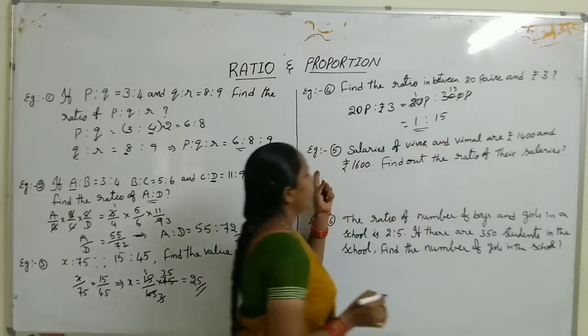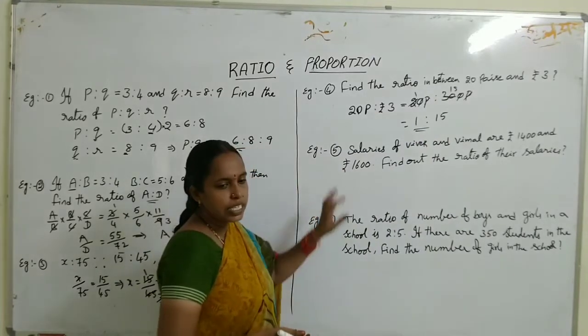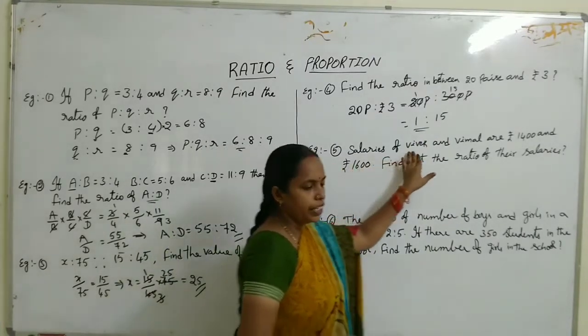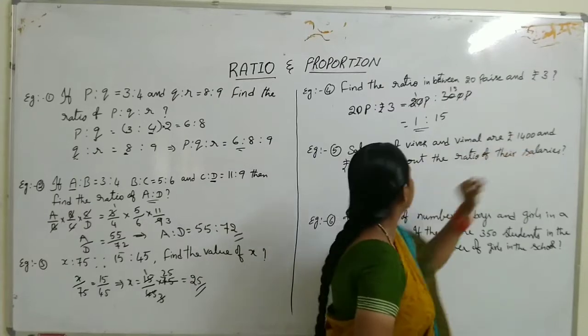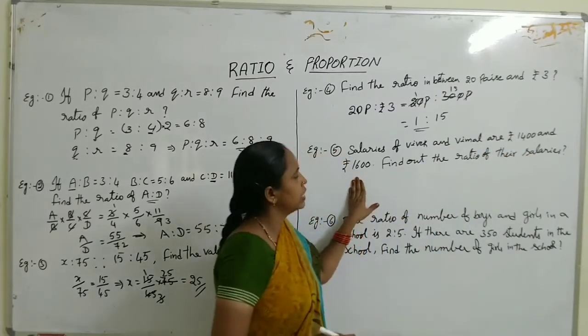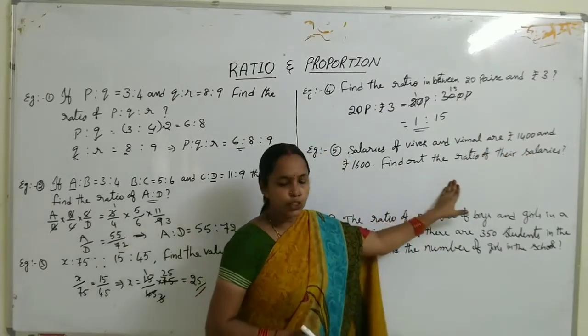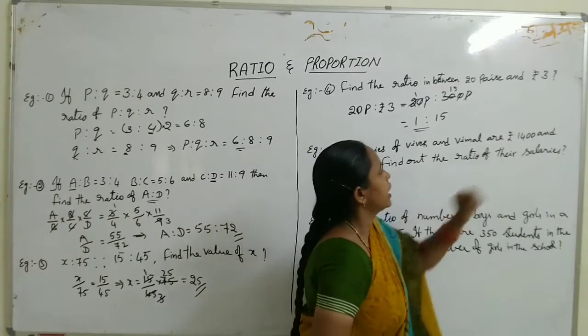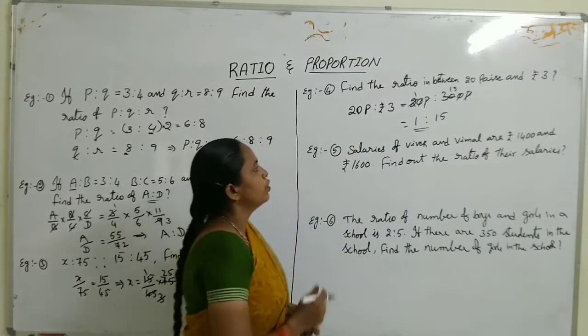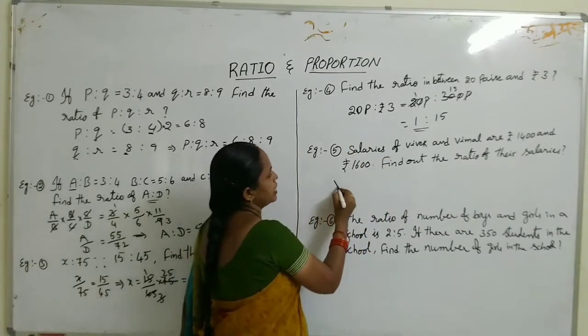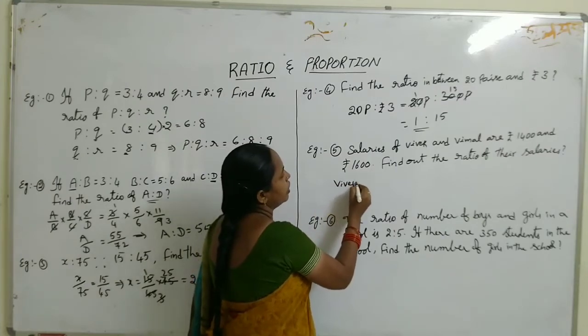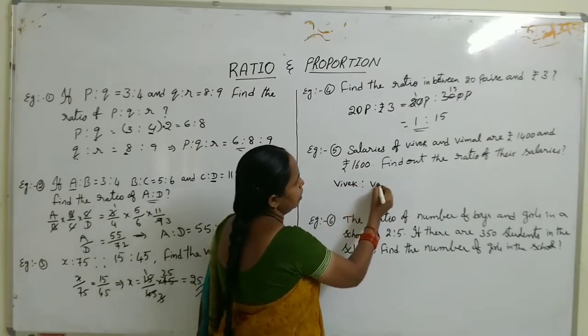Next, example 5. Salaries of Vivek and Vimal are 1400 and 1600 rupees. Find out the ratio of their salaries. So here two persons' salaries are compared. Here Vivek is to Vimal.